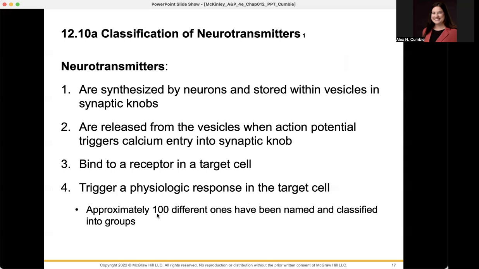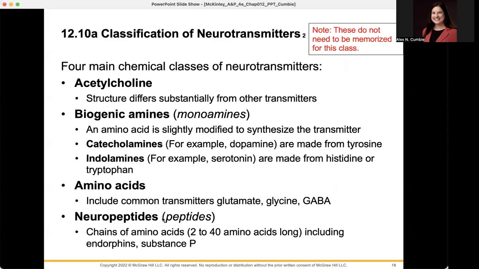And as far as neurotransmitters go, there are 100 different types, and they are classified into different groups. What I kept for this class is we're just going to call them excitatory and inhibitory for those groupings. These are the main classes for these. And I did put a note here: you do not need to memorize these.